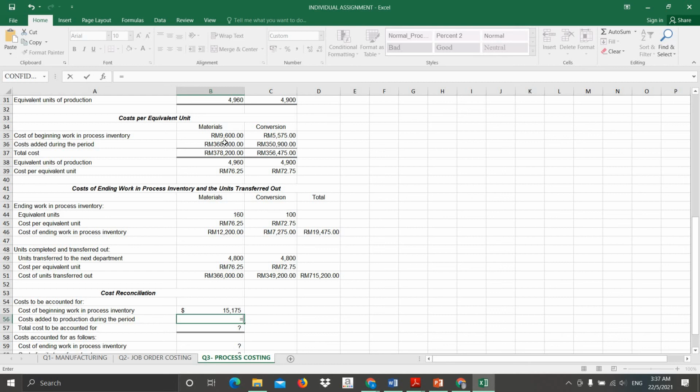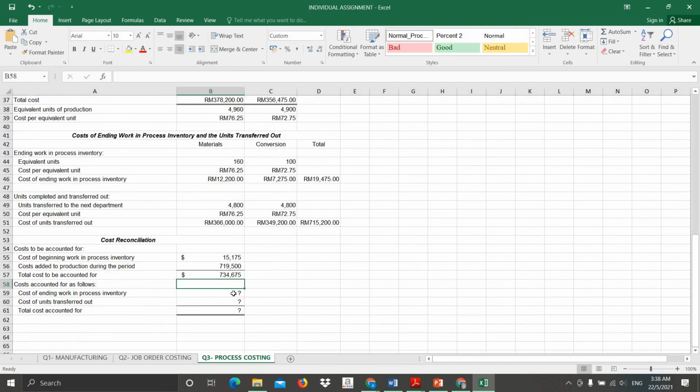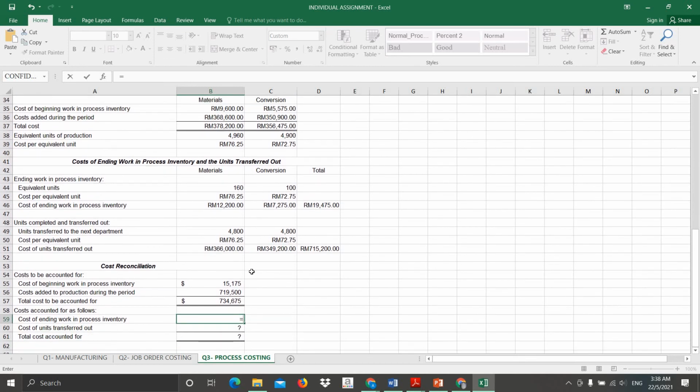For this one also, to get the total cost to be accounted for, we need to add the cost of beginning work in process with the cost added to the production. For this one, cost of ending work in process inventory, we can get it from here.